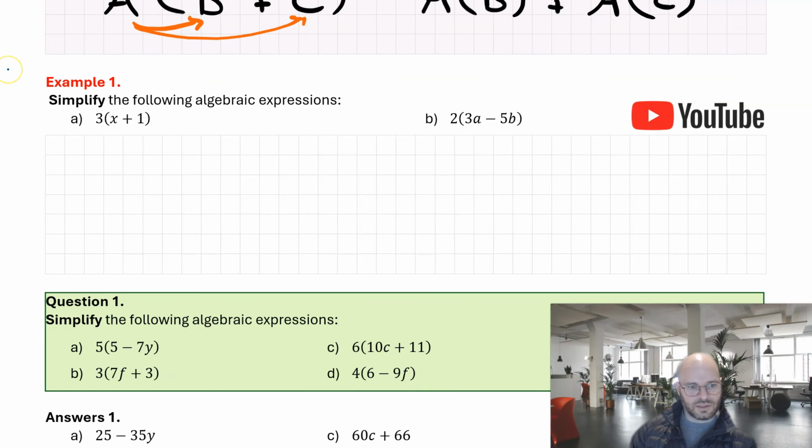Consider we have to simplify the following algebraic expressions: 3 in brackets x plus 1. We want to simplify this out by completing the multiplication. To do this, we need to multiply the product on the outside with each term on the inside. So 3 is going to multiply with the x, and it's also going to multiply with the 1.